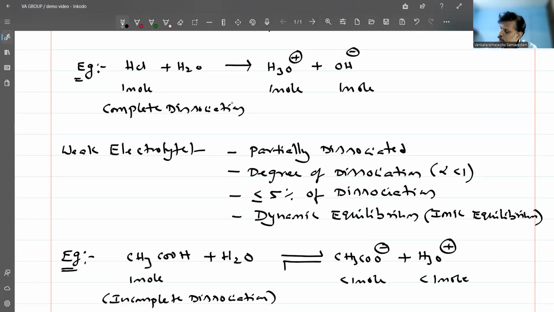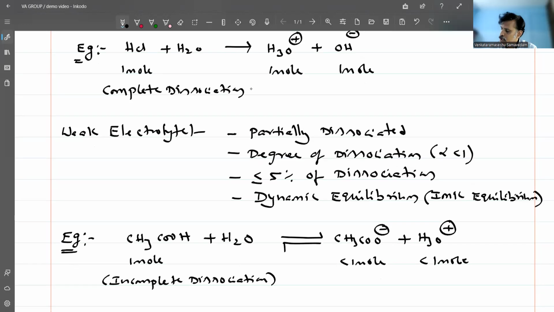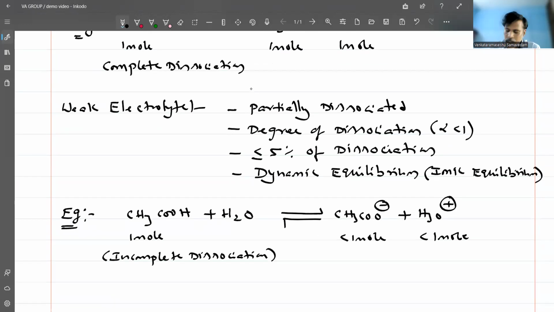As I said, if I consider 5% dissociation, if I have 100 molecules of acetic acid, 5 molecules of acetate ion and 5 H plus ions will be generated.